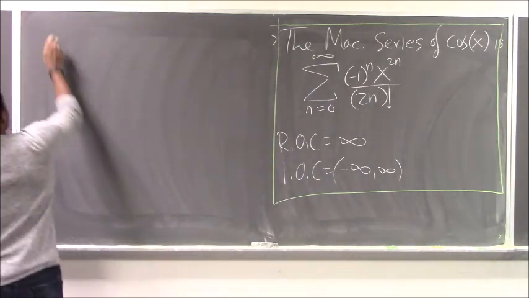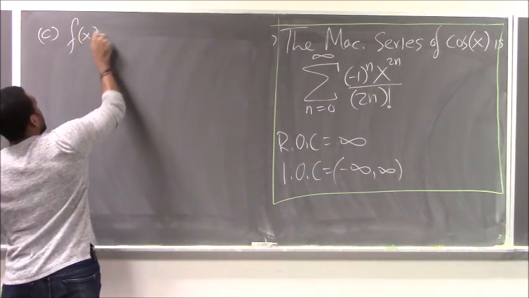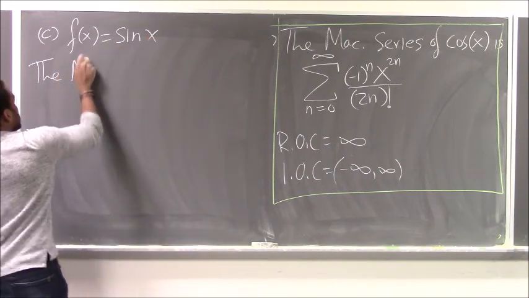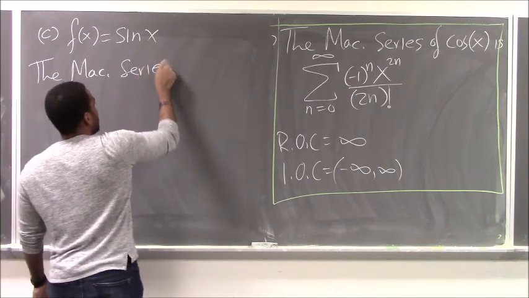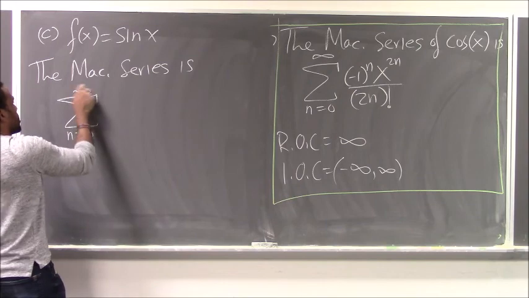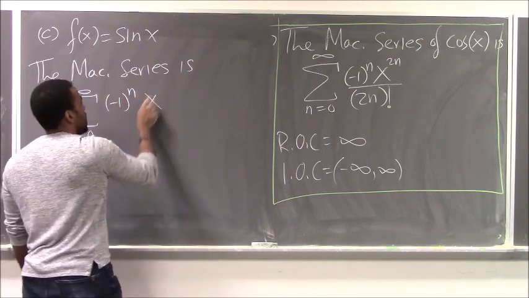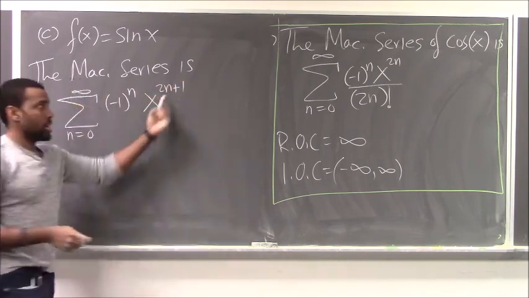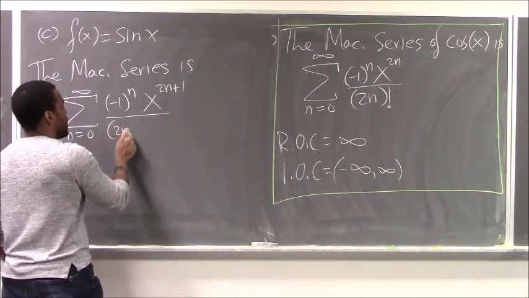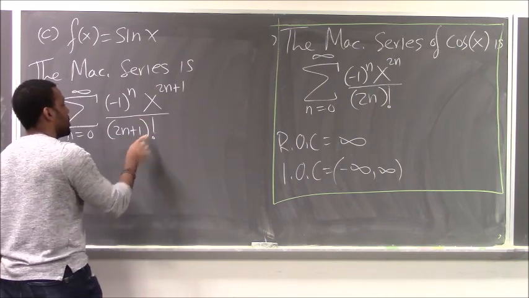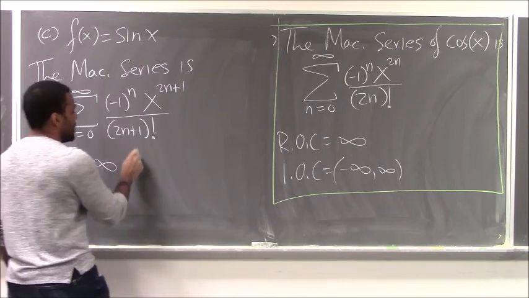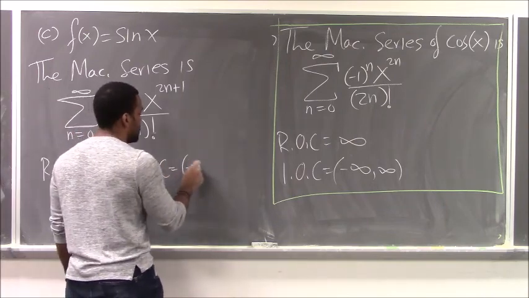So for C, if your f of x equals the sine of x, the Maclaurin series is going to be minus 1 to the n, x to the 2n plus 1, like I told you, that's how we can indicate odd integers, over 2n plus 1 factorial. And its radius of convergence is infinite, and the interval of convergence is the entire real line.